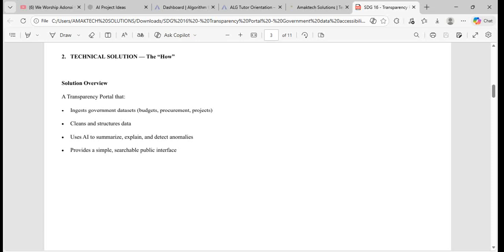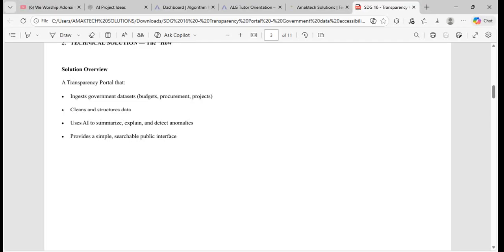It also helps to cleanse and structure data in such a way that it is understood by everyone without facing challenges or hurdles in understanding the data provided by government entities.